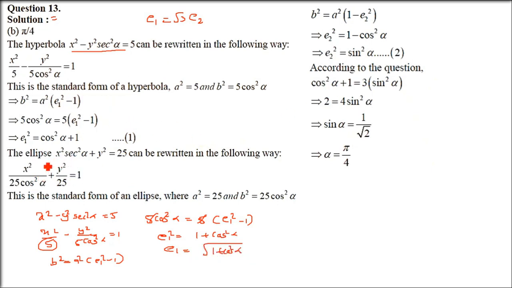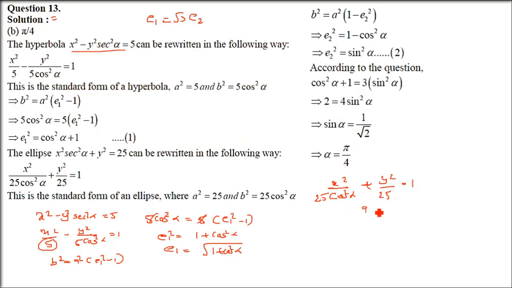Now this is an ellipse. So again you have to do the same thing. Just divide both sides by 25, and you need to know what the formula is in the ellipse, because in the ellipse the formula changes. So we have x square by 25, I am making sec square as cos square, then plus y square by 25 cos square alpha, dividing both sides by 25, equals 1.